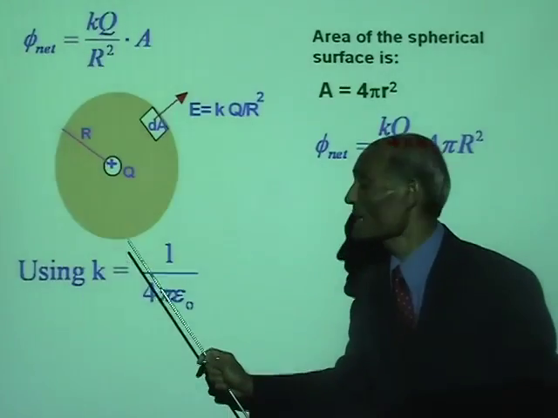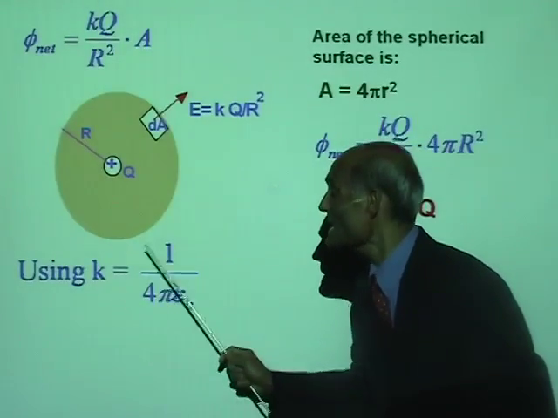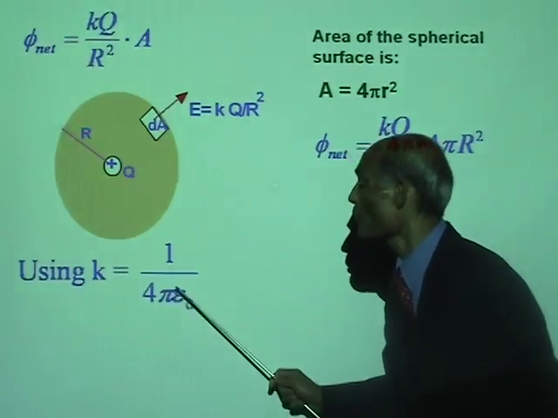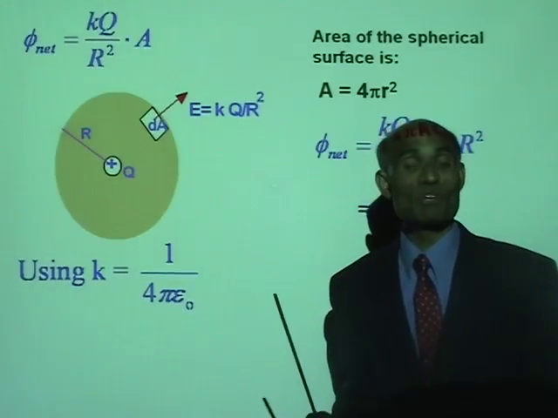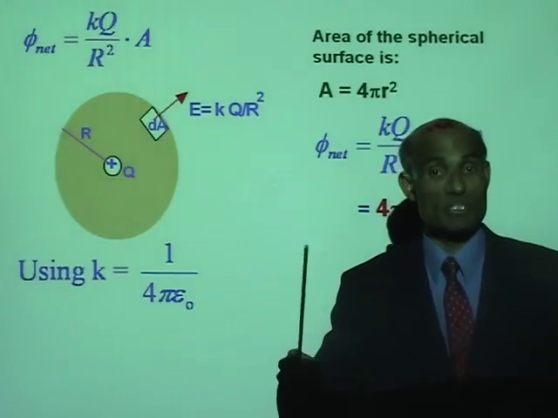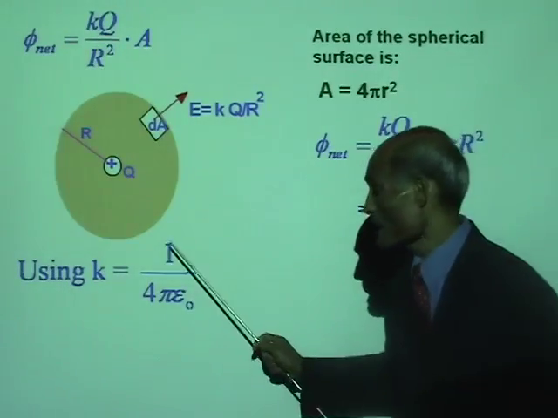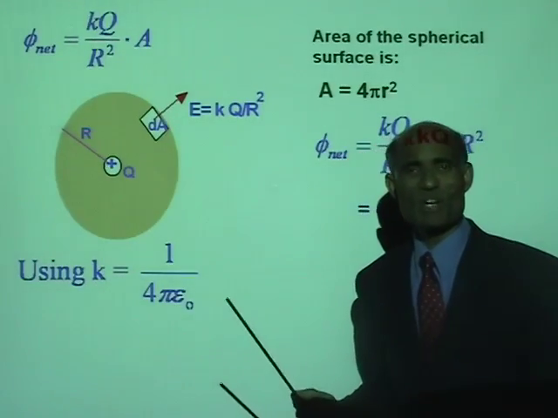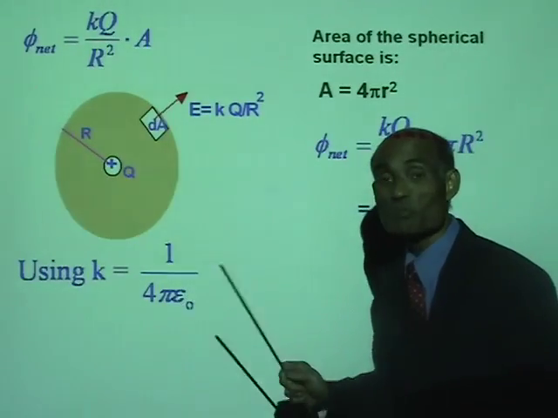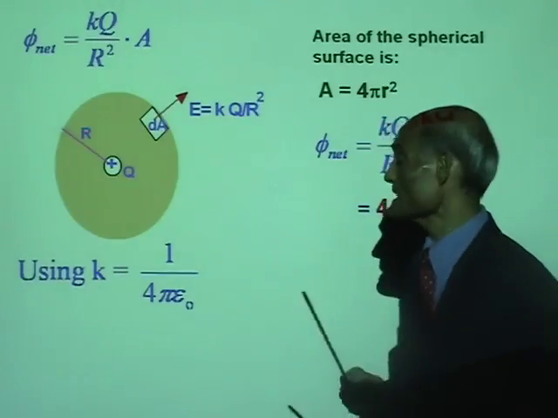You know that we had earlier used k equal to 1 over 4 pi epsilon naught. That constant k, which we normally use as 9 times 10 to the 9. You remember? It is 1 over 4 pi epsilon naught, where epsilon naught is the permittivity of free space.